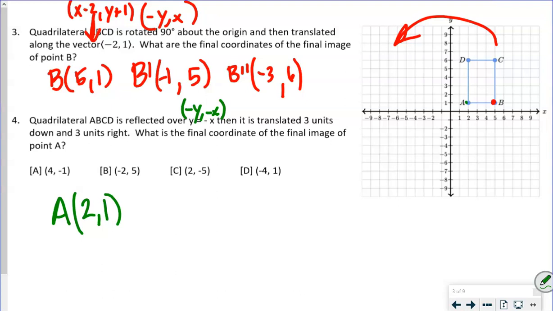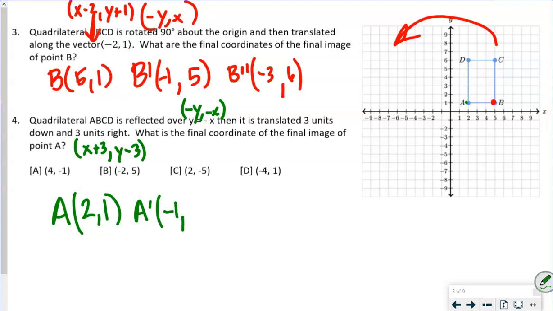And then we're going to translate it 3 units down. So is that going to be a change in x or y? That's going to be a change in y, right? And then 3 units right. So that means we're going to actually add 3 to our x, okay? So this didn't say anything about an afterward, so we're going to do it in the order it's given. So for A prime, we're going to apply the negative y, negative x.